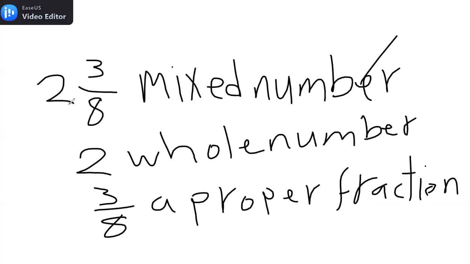Then we talked about converting a mixed number to an improper fraction. 1 and 5 sixths. Can you write it as an improper fraction?